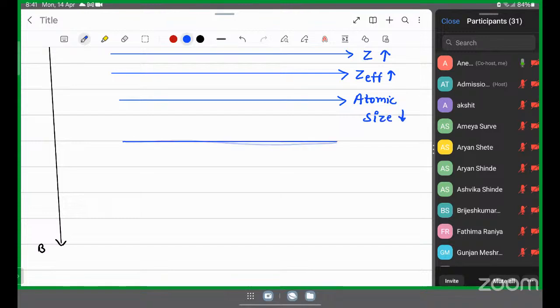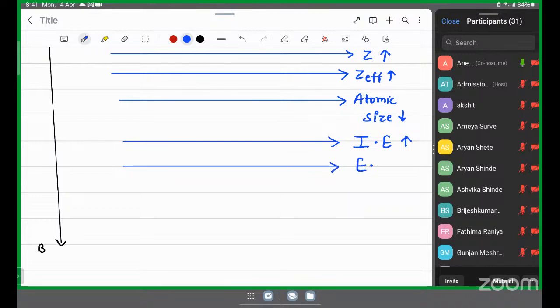If atomic size is decreased, it will be difficult to release or remove an electron. So ionization enthalpy will be increasing left to right in the periodic table.